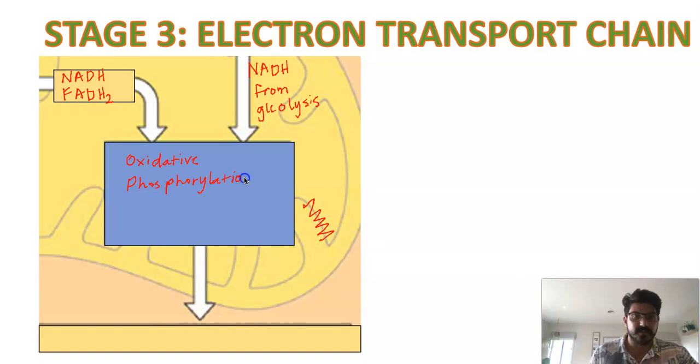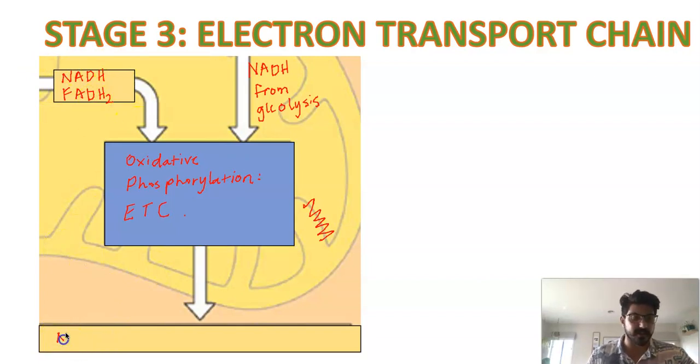But in terms of what I really want you guys all to remember, this is the electron transport chain, where electrons are going to be passed through this sequence of proteins in the membrane to go from being attached to NADH molecules to unloading these guys. These guys are going to get unloaded.